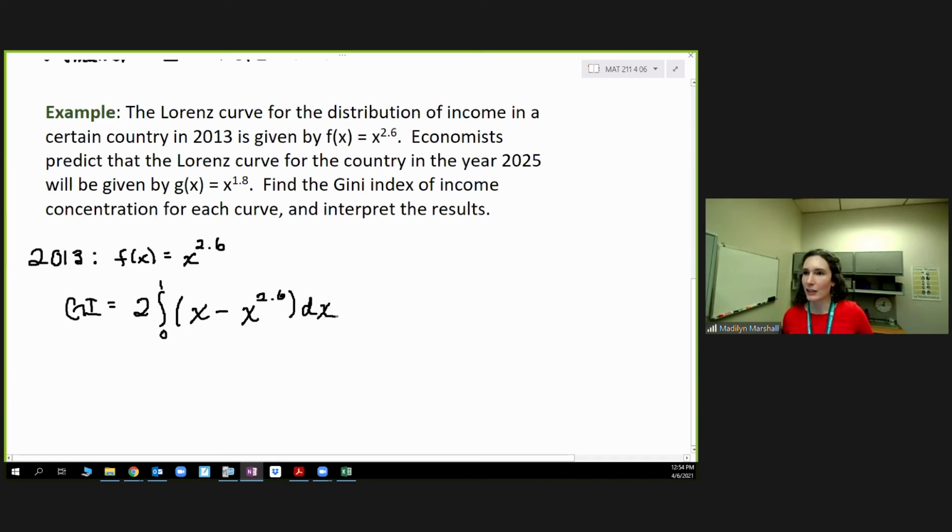So that Lorenz curve is just going in there after the little x, and we can calculate that on a calculator also. So on this, again, I want to see that you know how to set up the integral, but from there you can use technology to find it.